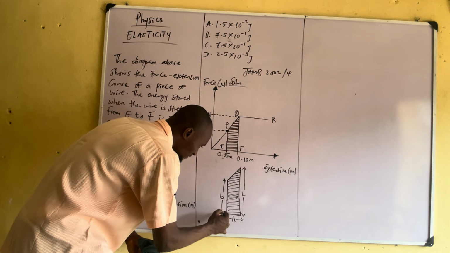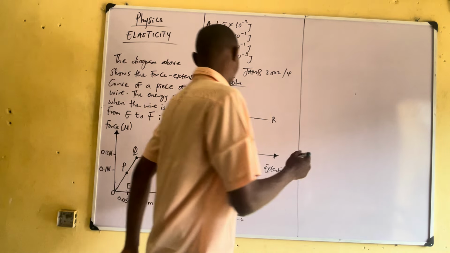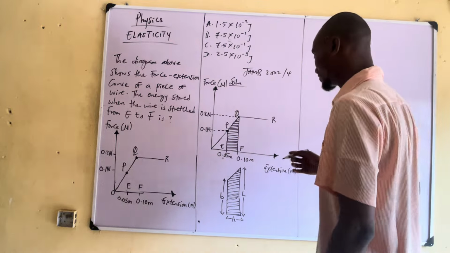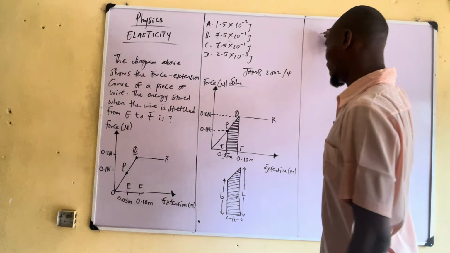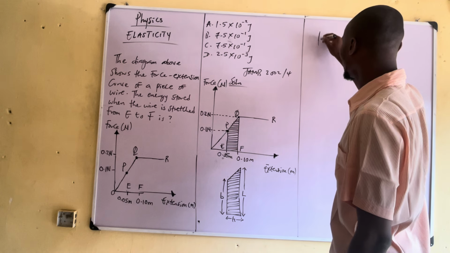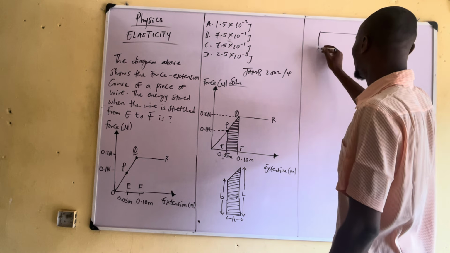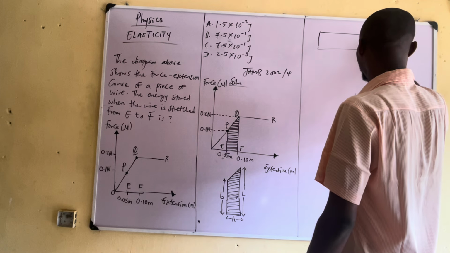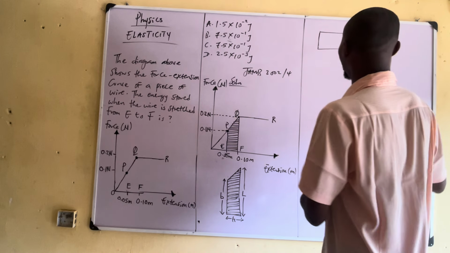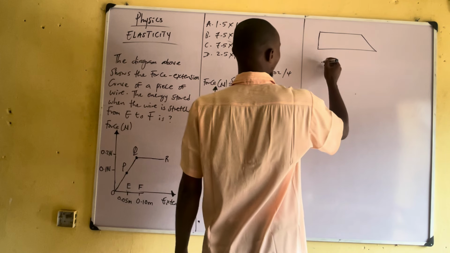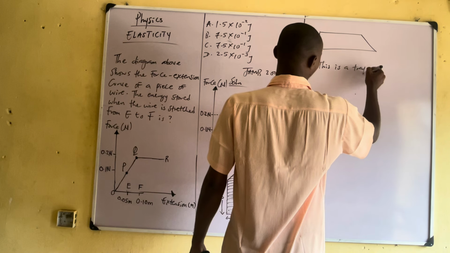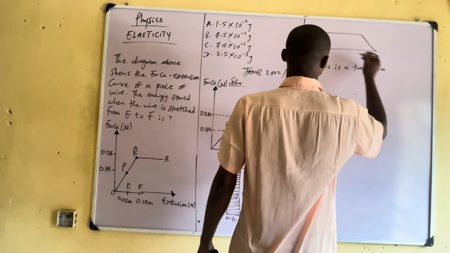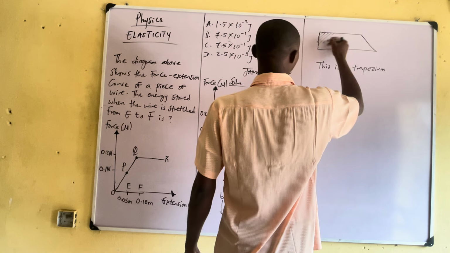Good. So this is a trapezium. It is standing, so let's keep it the way it should be. We have to indicate that this is a trapezium.